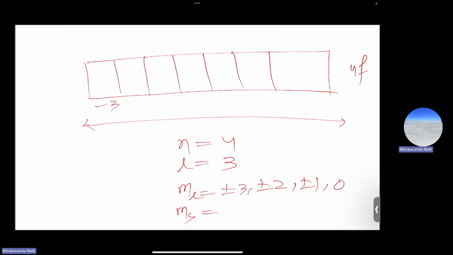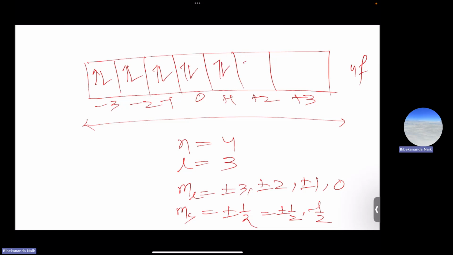So it will be minus 3, minus 2, minus 1, 0, plus 1, plus 2, plus 3. So these are the levels. And again, in each level, we have ms values plus minus half, that is plus half and minus half. Plus half corresponds to spin up and minus half corresponds to spin down. So here it will be plus half, minus half, then plus half, minus half, plus half, minus half.